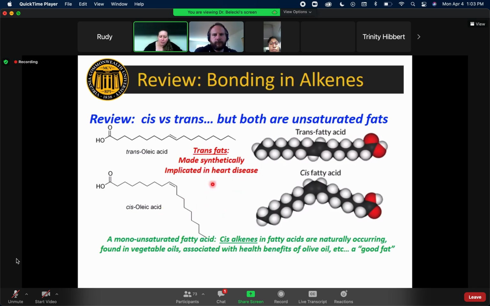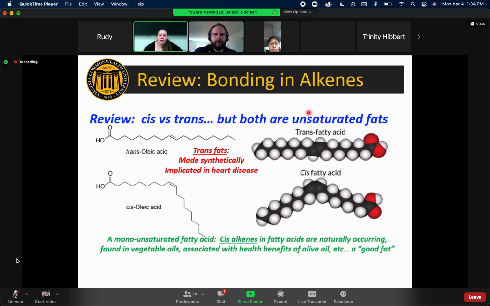Both of these compounds, I said it when I introduced them last week, but you probably didn't notice it because you didn't understand the word, but both of these compounds are considered monounsaturated fatty acids. And in nutritional pop culture, you may have heard about monounsaturated fatty acids or polyunsaturated fatty acids or saturated fats.